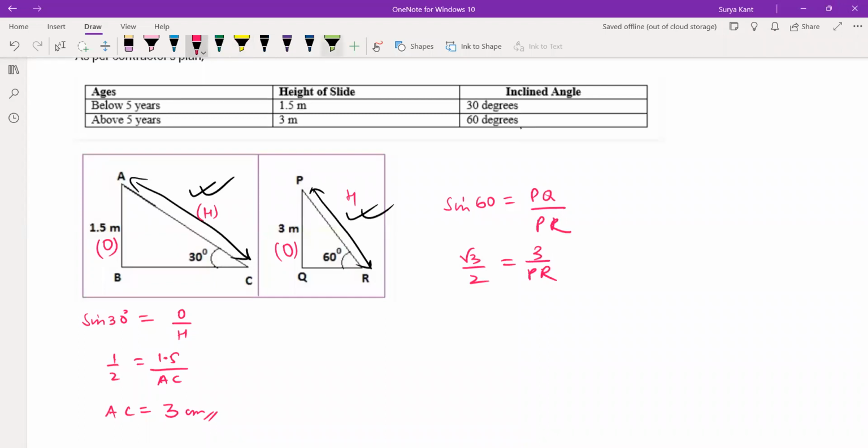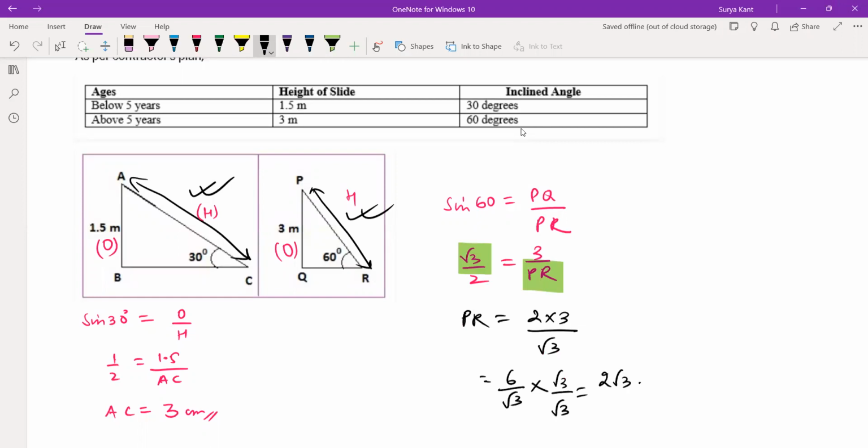So PR is equal to 2 into 3 divided by root 3. So we'll get the answer as 6 by root 3. We don't like root in the denominator, so multiply numerator and denominator by root 3. The answer is 2 root 3.